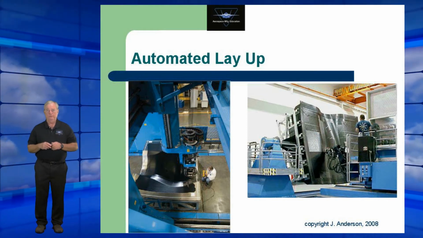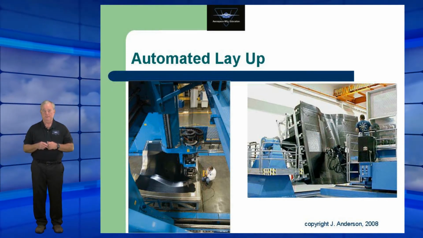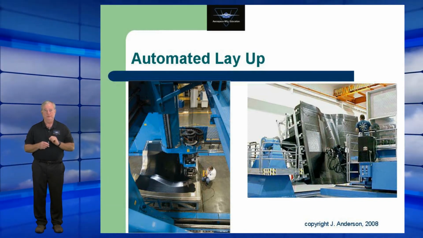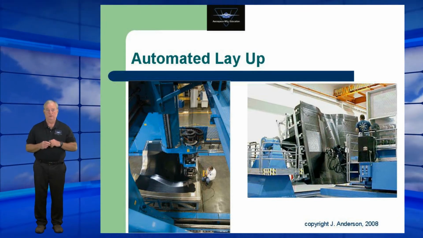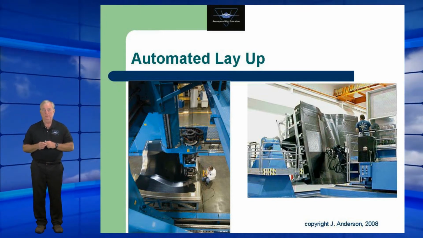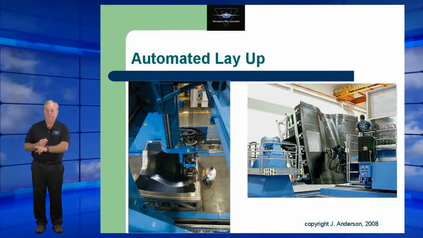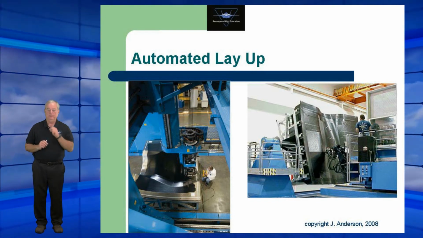So this slide introduces the automated layup process, and there are a couple of methodologies here. On the left we have a robot or gantry type robot that's moving back and forth and laying down a strip of fabric or tape, a narrow fabric.